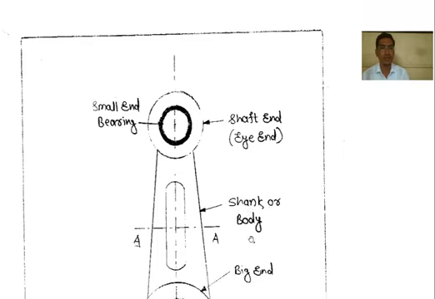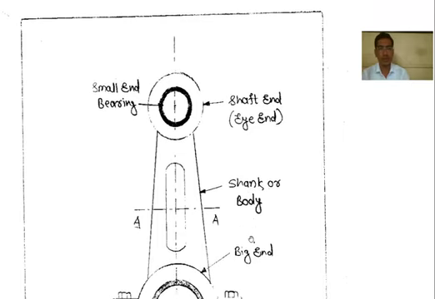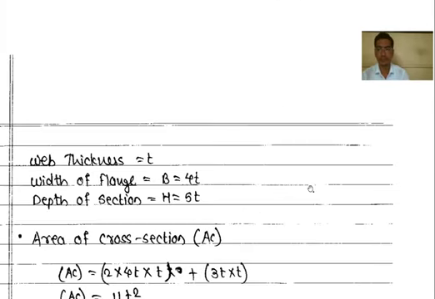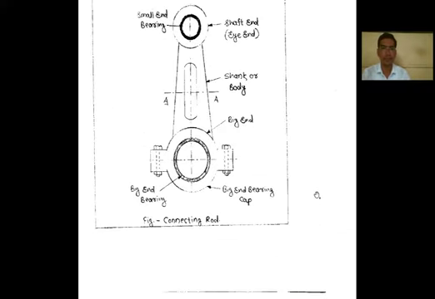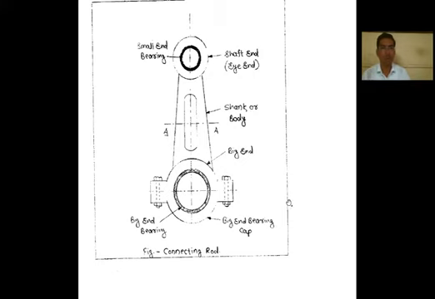So this is the diagrammatic representation of the connecting rod. It will consist of two eye ends. One is a small eye end and the second one is a big eye end.